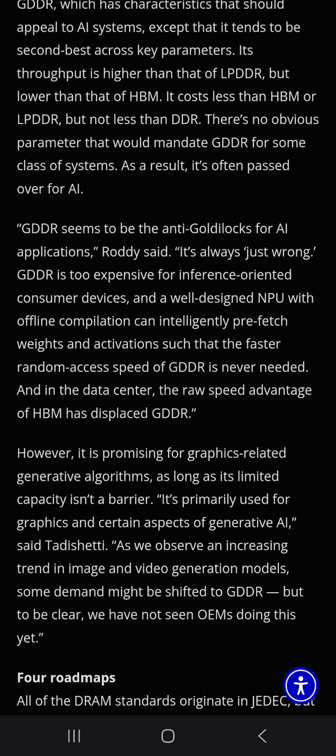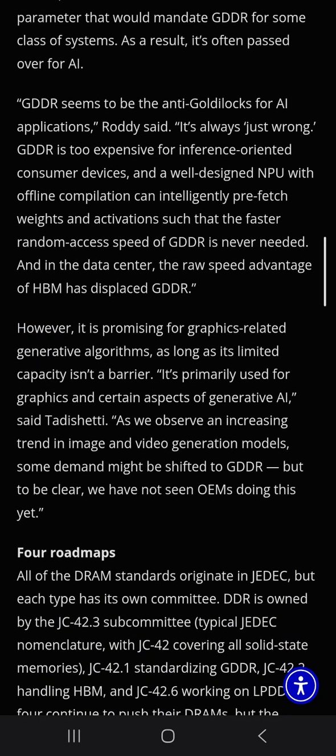And in the data center, the higher speed advantage of HBM has displaced GDDR. However, it's promising for graphics-related generative algorithms as long as its limited capacity isn't a barrier.